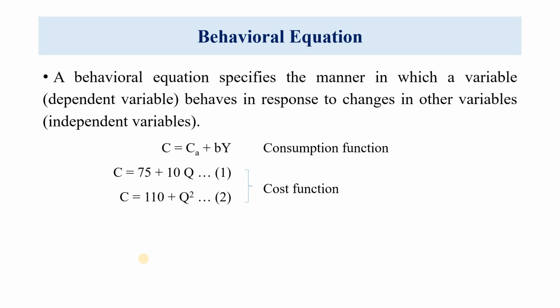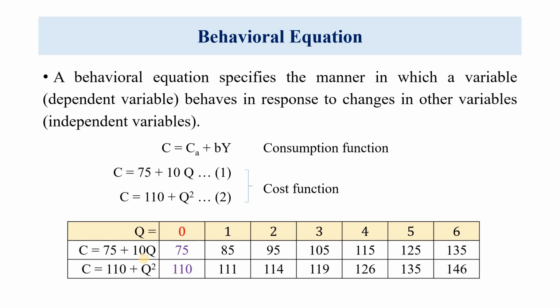The variation in cost is also different. In equation 1, for 1 unit increase in Q, there is a constant increase of 10 in C, but in equation 2, as Q increases unit after unit, C will increase by progressively larger amounts.